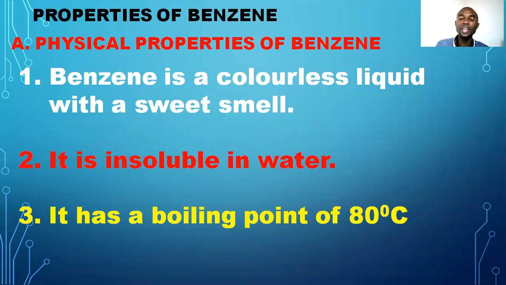In fact, virtually all the aromatic and unsaturated hydrocarbons, double bonded and triple bonded, have some level of sweet smell. Number 2 is that it's insoluble in water. It has a boiling point of 80 degrees Celsius, meaning that it has a lower boiling point than water.